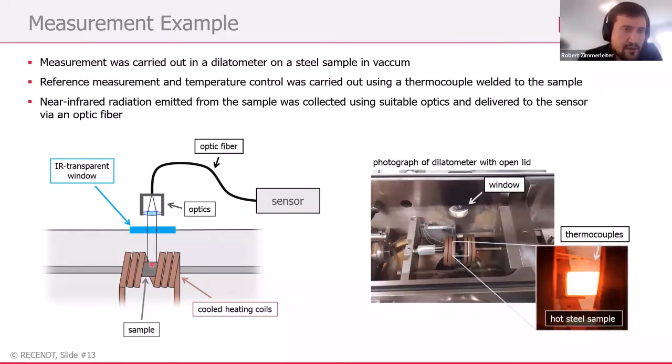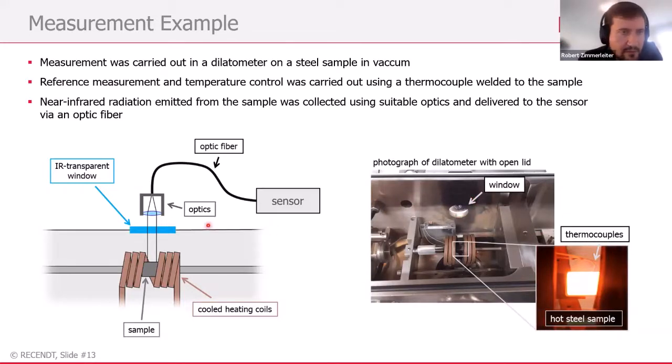We have the sample, and some cooled heating coils that inductively heat this steel sample. We do a reference measurement and temperature control using thermocouples welded to the sample. You can see this in the zoomed-in picture on the very right, where the thermocouples are welded onto the hot steel sample. A photograph of the dilatometer with the lid open is shown in this image.